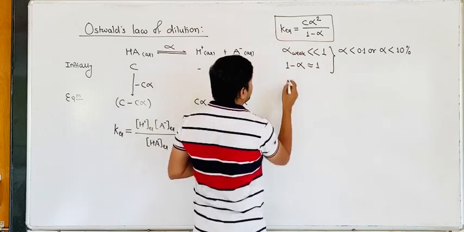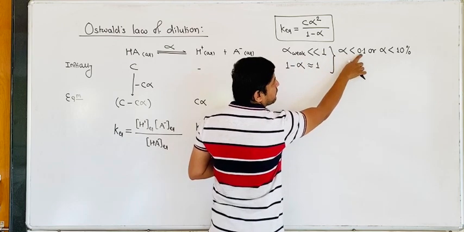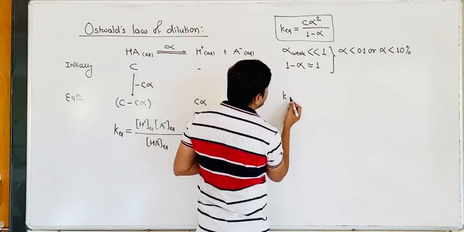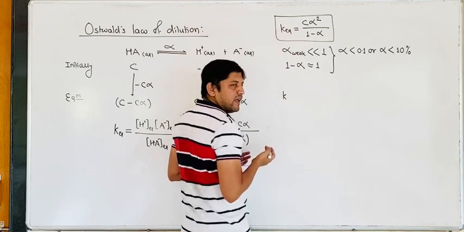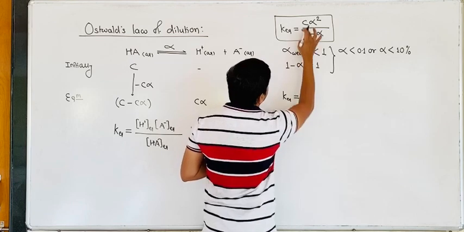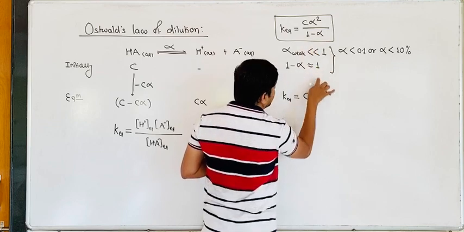Now let us simplify this equation. Assume it as a weak electrolyte whose degree of dissociation is very less than 1, and hence K equilibrium is equal to C into alpha square, 1 minus alpha is taken as 1.